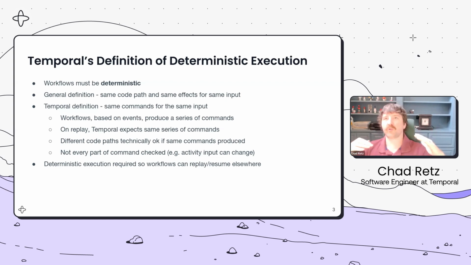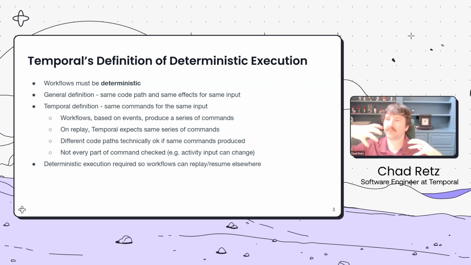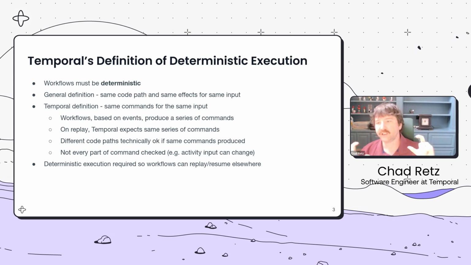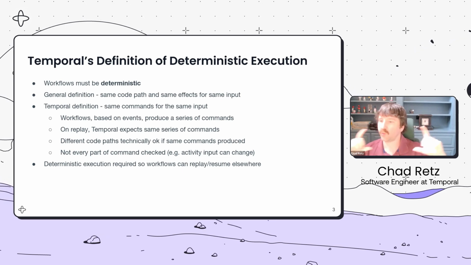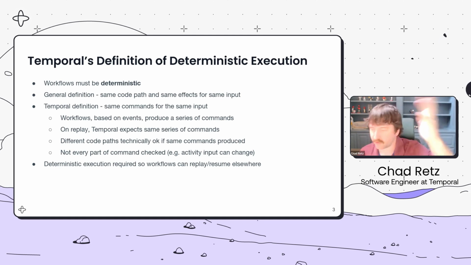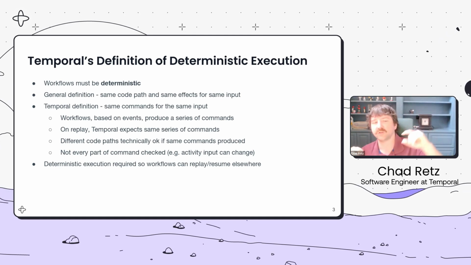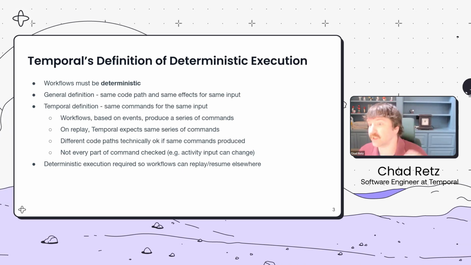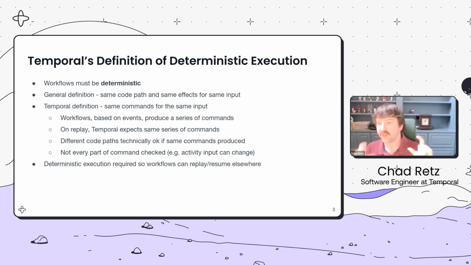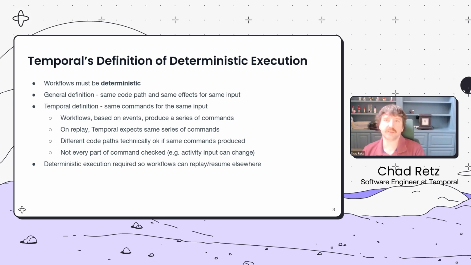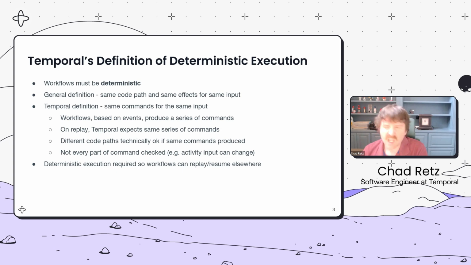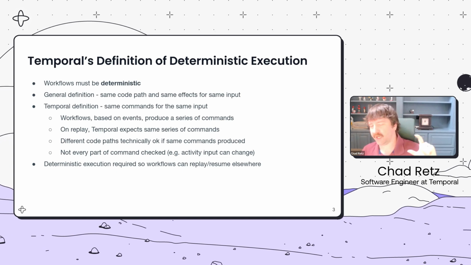So when a workflow runs, it is triggered by events from the server, and it produces commands back to the server. And we check those commands when we replay, such as during a replayer or when a workflow goes to another worker. When we replay, we check that the commands are the same as they were when you originally ran. And if they mismatch, that's what we consider non-determinism. But not every little part of a command is checked.